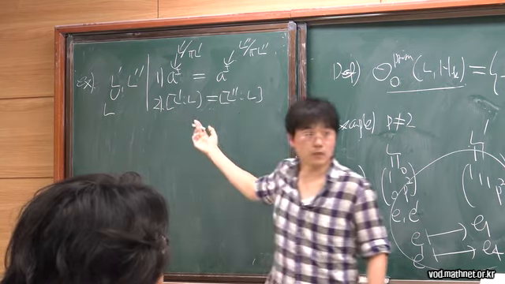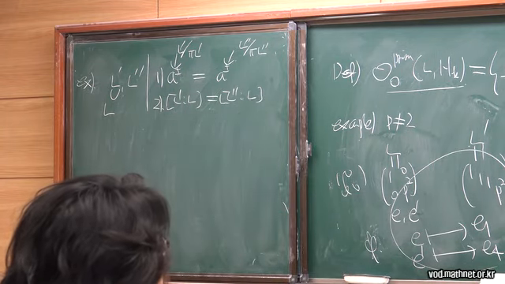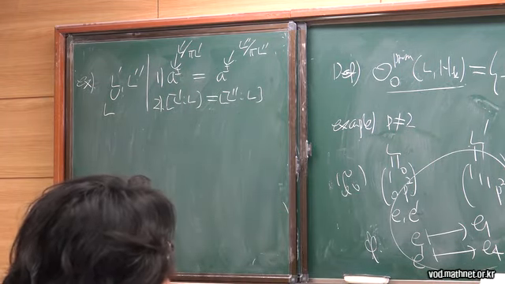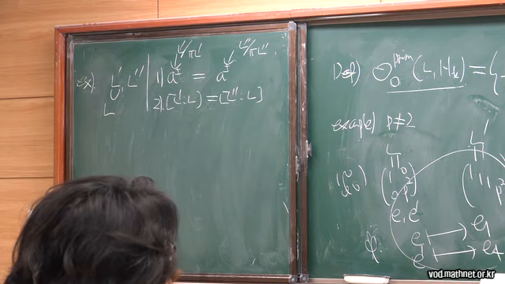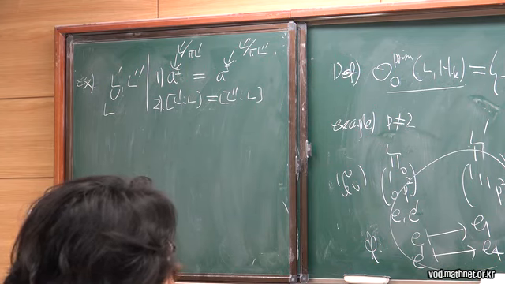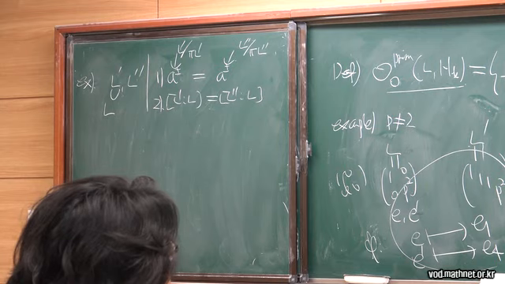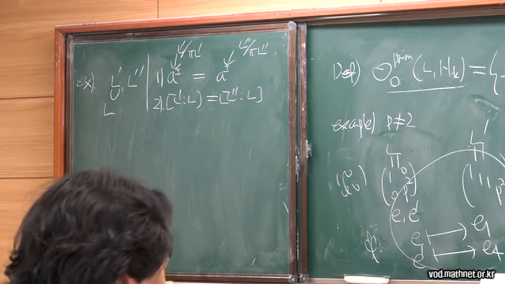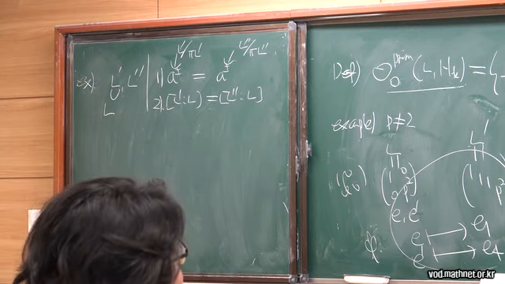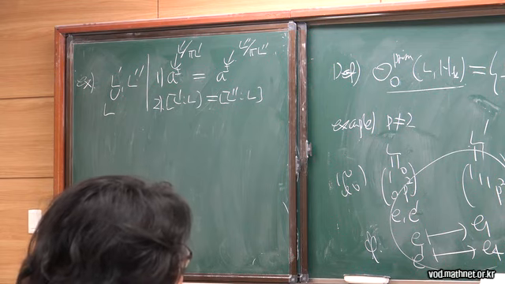Then what is happening here? For such L' and L'', each summand is equal, right? Because each summand depends only on two invariants of L'. One is A, the other is the degree here. So for L' and L'', these are equal.